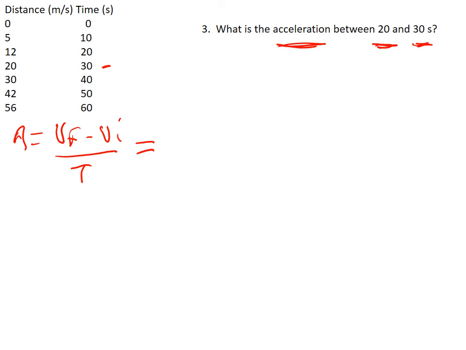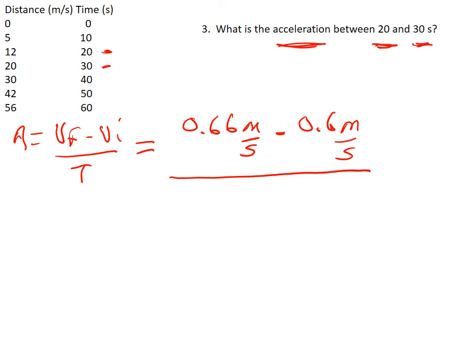So the speed at 30 seconds was 0.66 meters per second. We calculated that in the problem before. We have to minus the last recorded speed, which would be the speed at 20 seconds. Well, from problem number 1, we found that that was 0.6 meters per second.